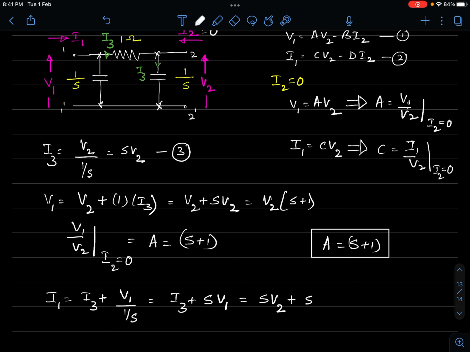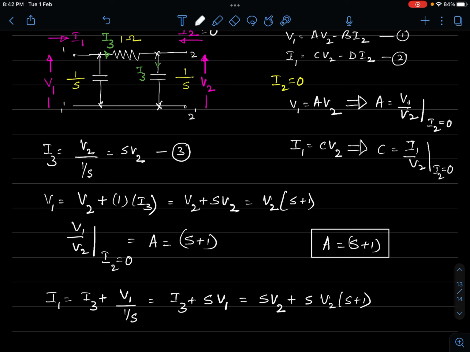Now what do I do for V1? I'll make use of this relationship of A. So V1 by V2 equal to S plus 1, or V1 is V2 times S plus 1. This is V2 times S plus 1. Alright, I suppose it's clear.